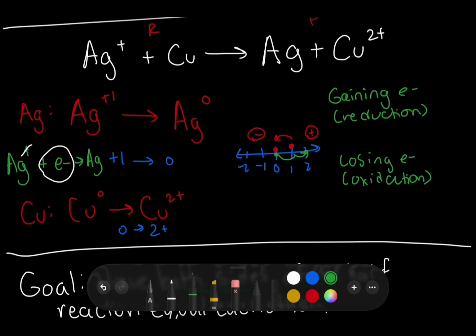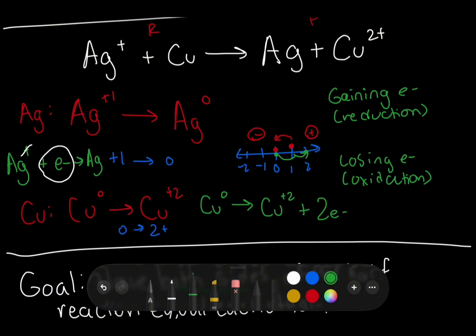Now we're going to rewrite it where we add electrons to the more positive side, which is in the product side. Because in the product side, we have a 2+. Or actually, let me just fix that. That's a +2. So we're going to write it as Cu transfer to Cu2+ plus 2 electrons.